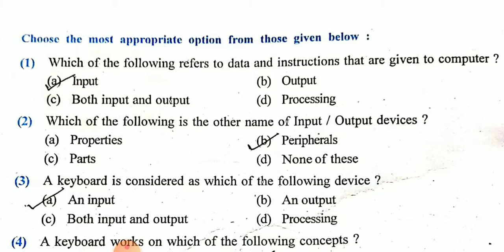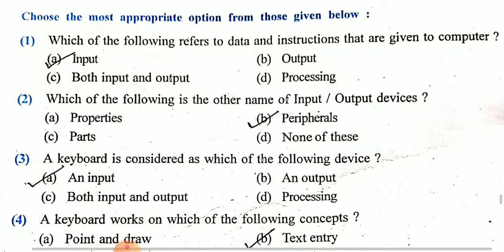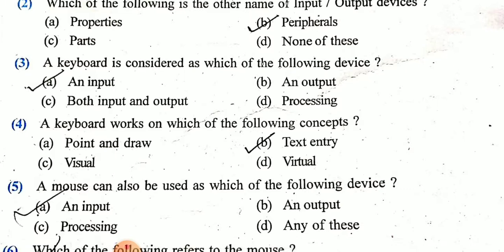C. Parts. D. None of these. So here your answer is peripheral devices. Third, a keyboard is considered as which of the following devices? Do you know? Keyboard is called an input device. Your options: A. Input, B. Output, C. Both input and output, D. Processing. So here your answer is input device.